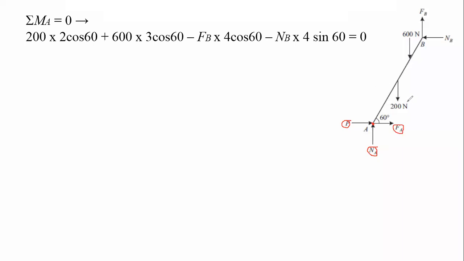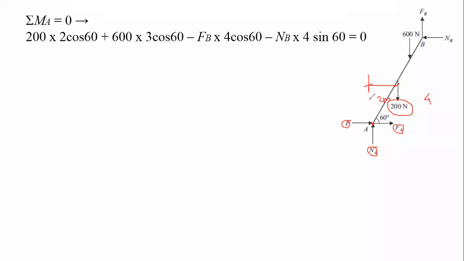Now here, this 200 Newton weight. As we know, the total length of the ladder is 4 meter, so half of the distance will be 2 meter. We have to find this horizontal distance.